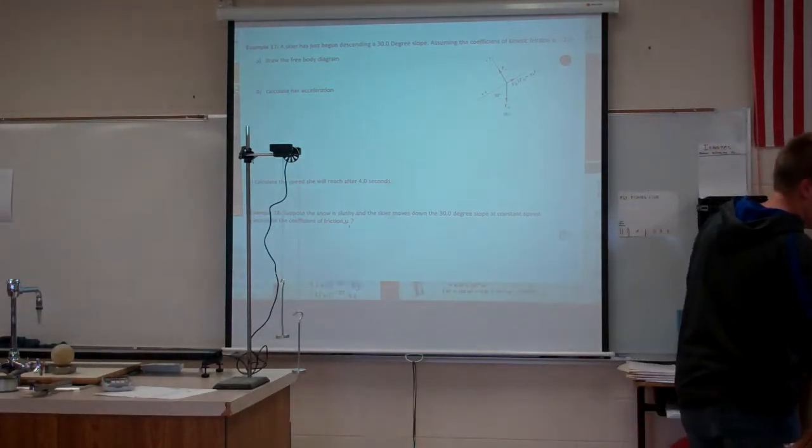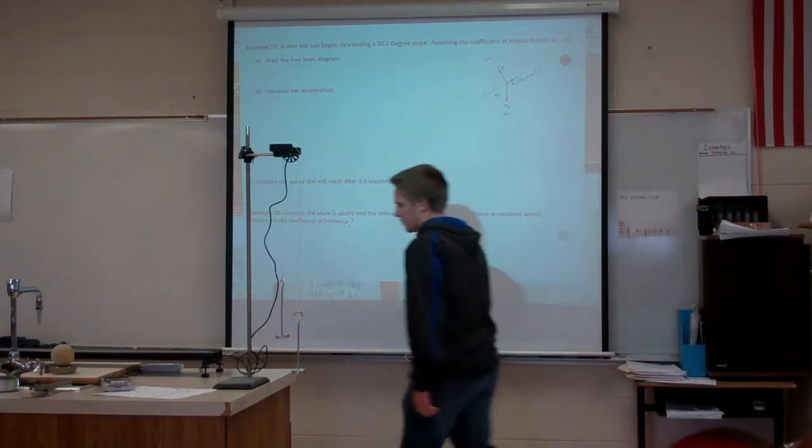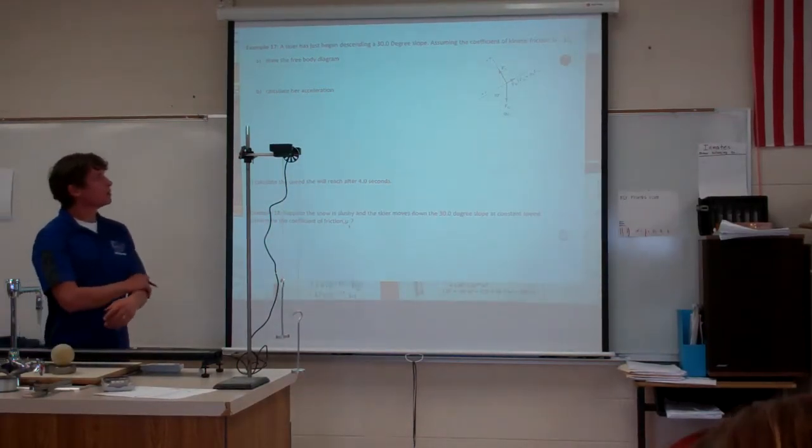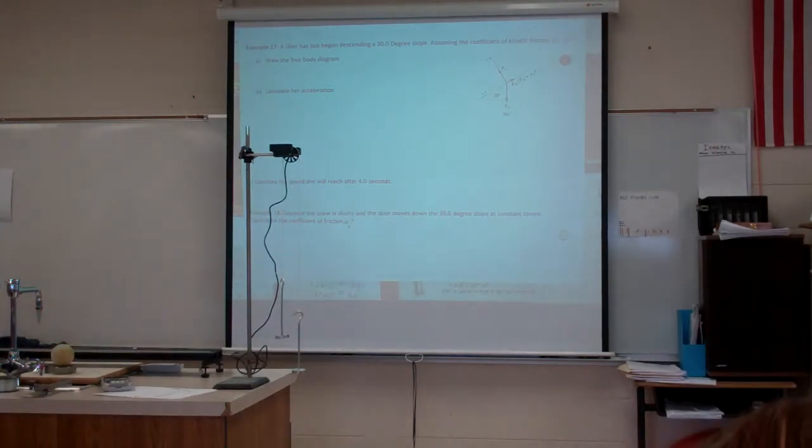Alright, so this one involves a skier as well. We've got a 30-degree slope here. We're going to assume the coefficient of kinetic friction is 0.1. Draw an FBD. They already did that for us. So there's the FBD, and it's the same one we just drew.